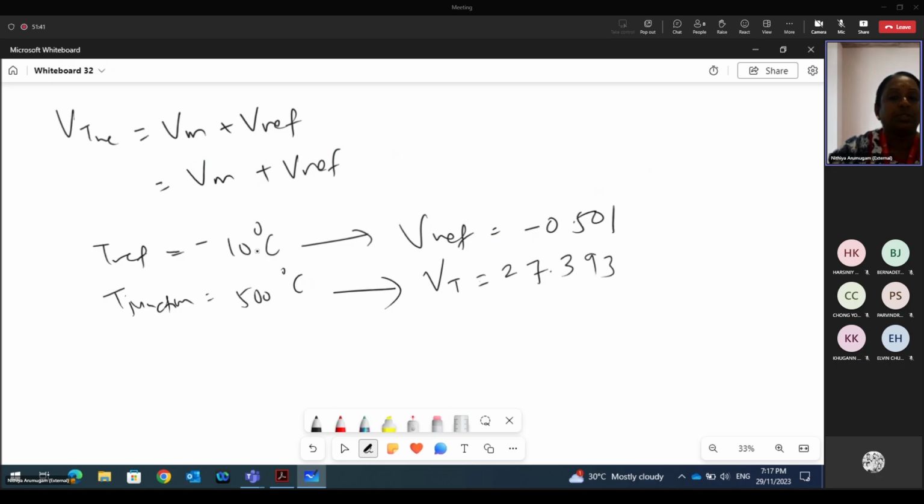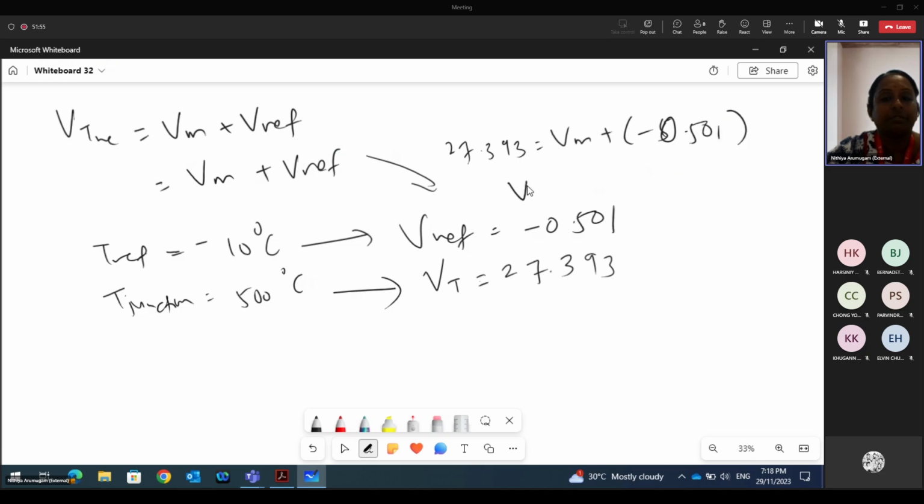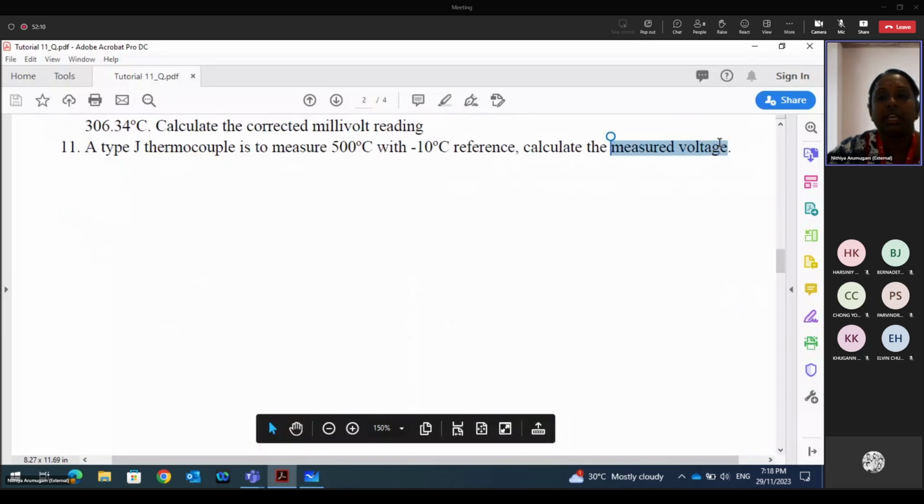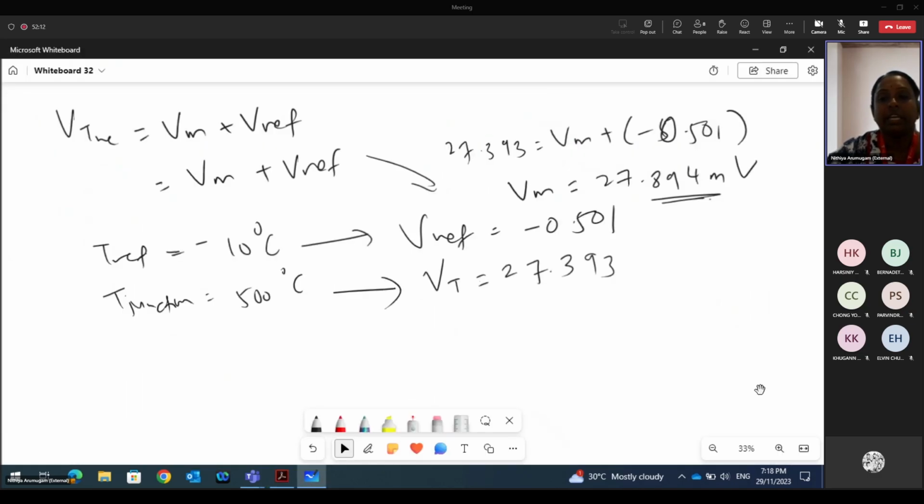Substituting into the equation, 27.393 equals Vm plus V reference, which is negative 0.501. My Vm will be 27.894 milliwatt. We need to calculate the measured voltage, Vm, so Vm is already calculated as shown here. So this is about our question number 11.